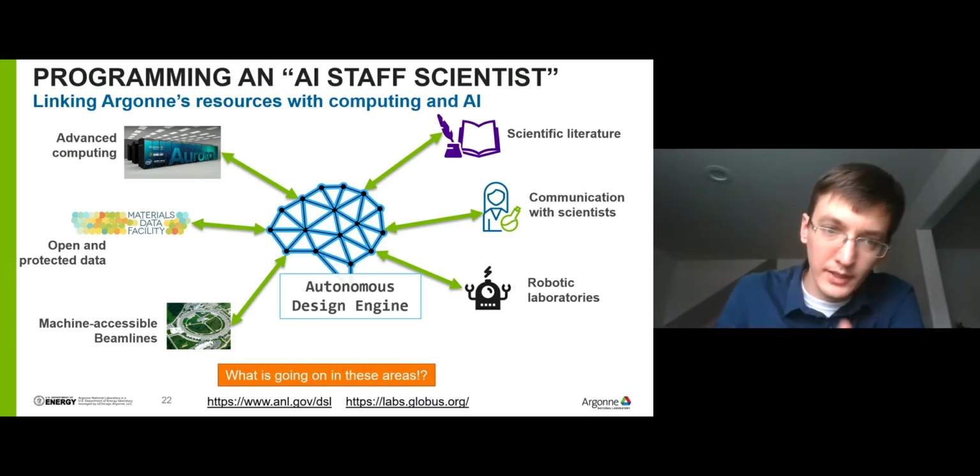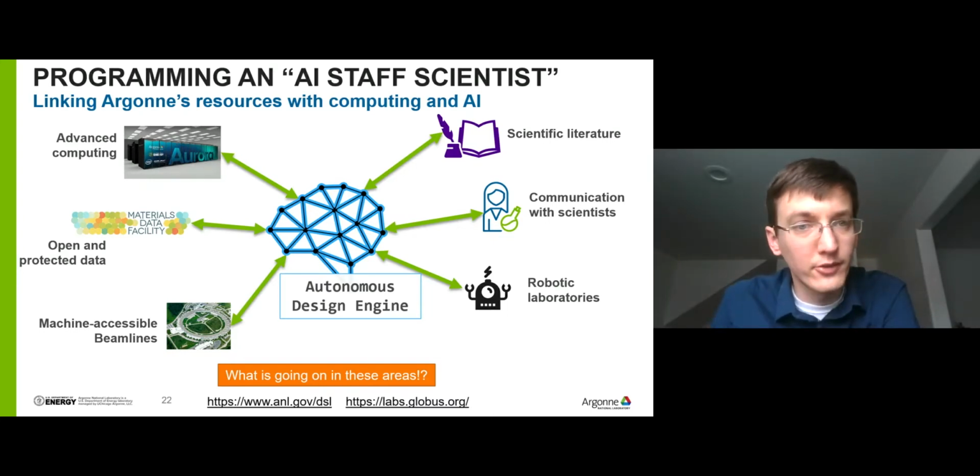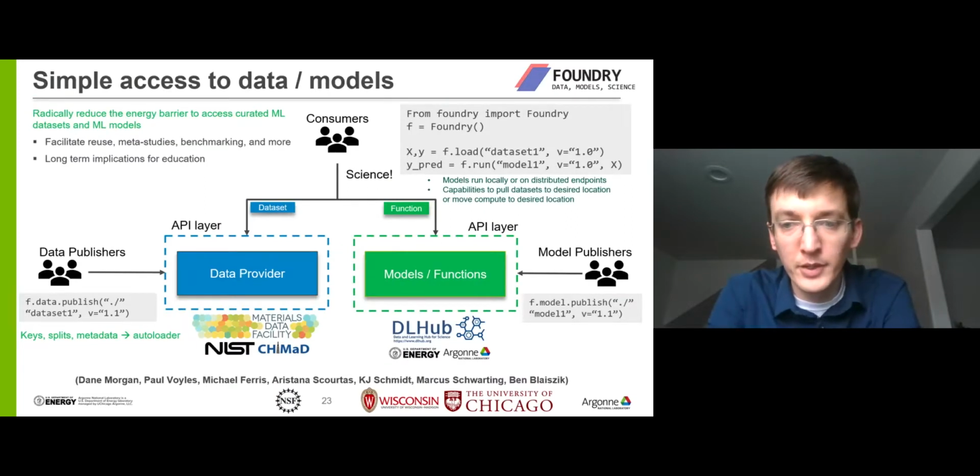So roughly going counterclockwise through these lists, we'll talk first about the tools we're building up in collaboration with friends at the University of Chicago to tie together the kind of databases that are available through the materials community using the Materials Data Facility, which allows us to access data published in many different resources through a uniform interface.